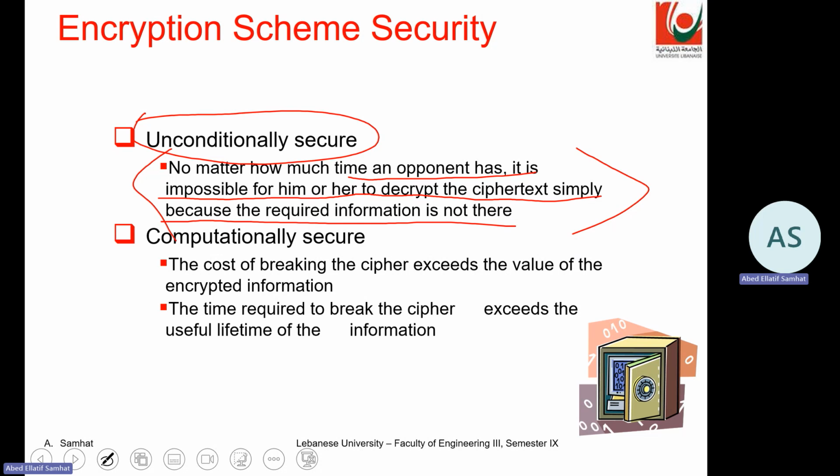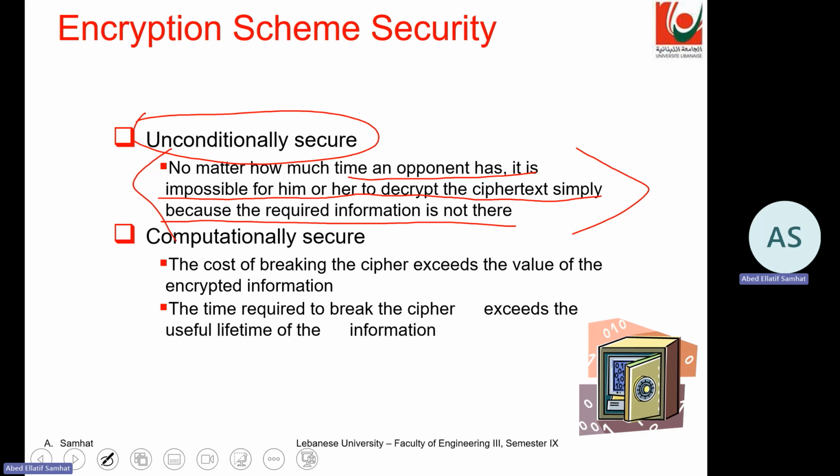So typically, we could prove in theory that this scheme is unconditionally secure. So even if you have chosen ciphertext or any other, it's not possible to decrypt this ciphertext. That's what we call unconditionally secure.